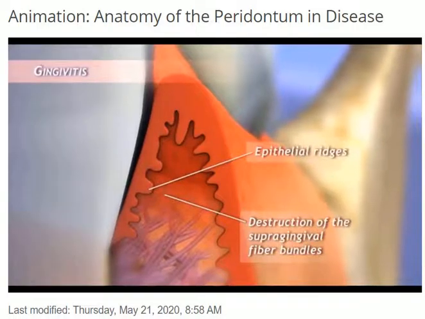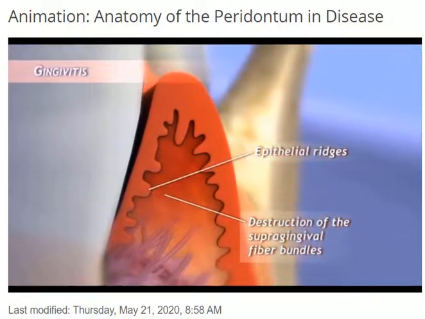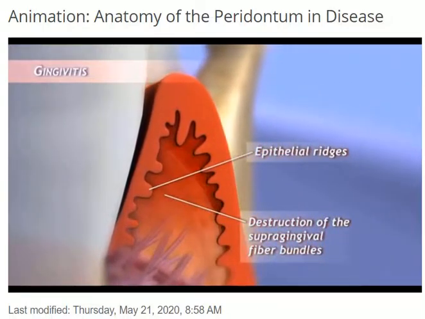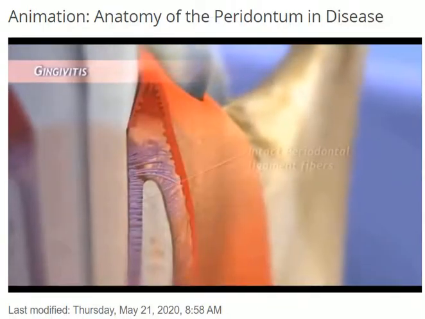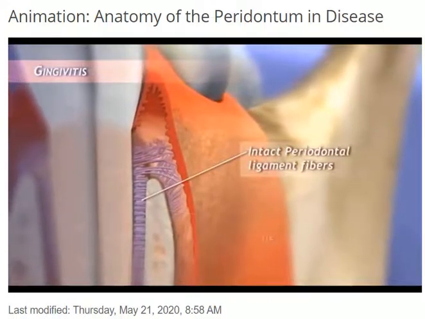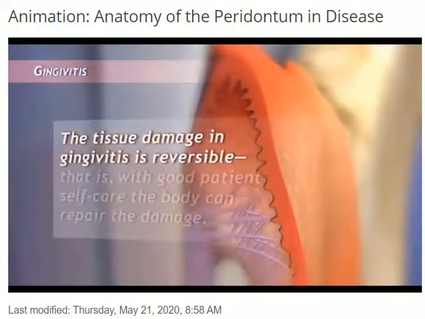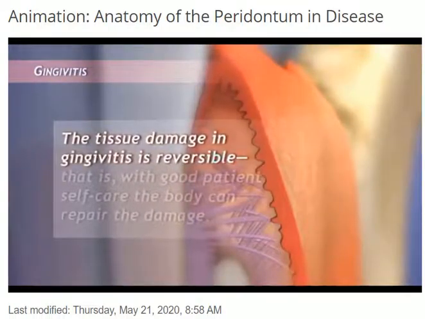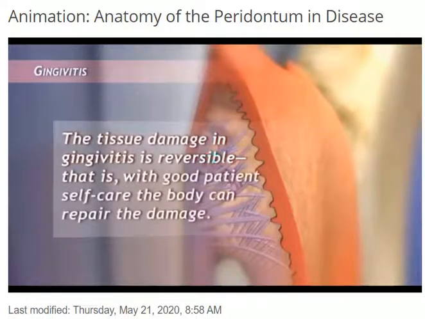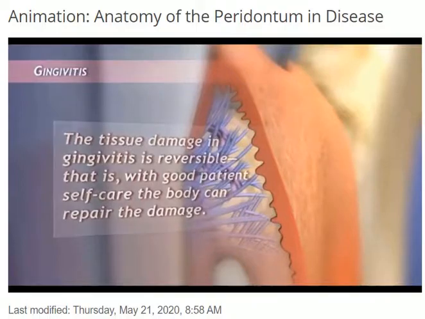In the gingival connective tissue, damage occurs to the supragingival fiber bundles. In gingivitis, there are no changes to the periodontal ligament fibers or the alveolar bone. The tissue damage in gingivitis is reversible. That is, with good patient self-care, the body can repair the damage.